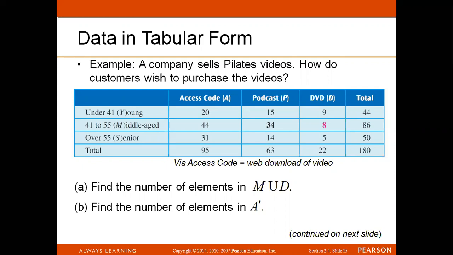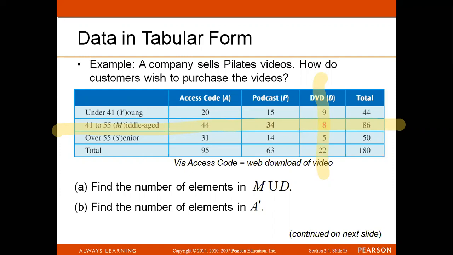M union D. Let's think about, what does that mean? So M is this group of middle-aged people who take Pilates. And D is this group of people that want to purchase in DVD form.